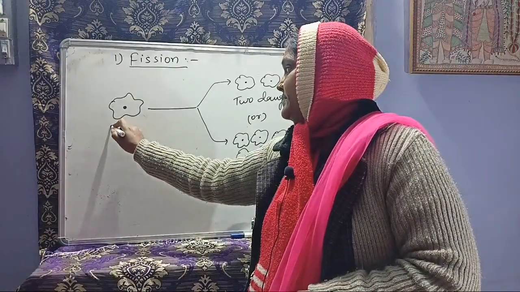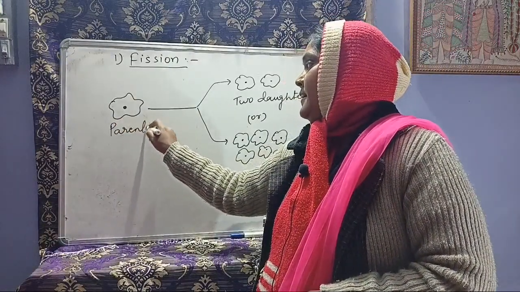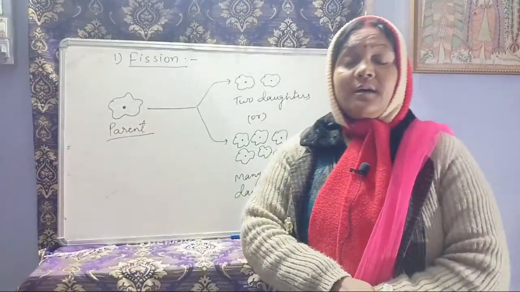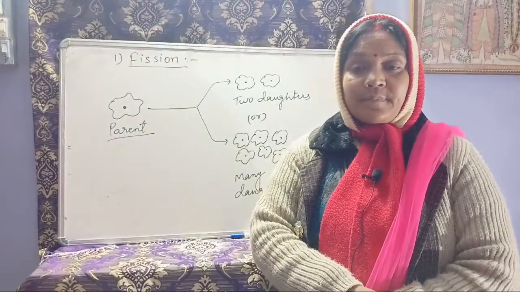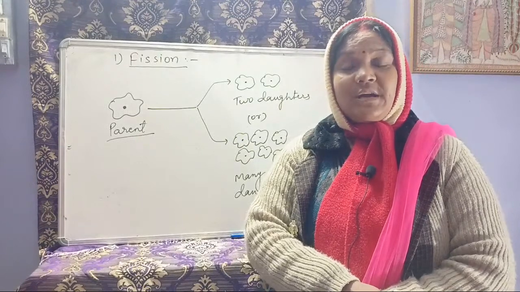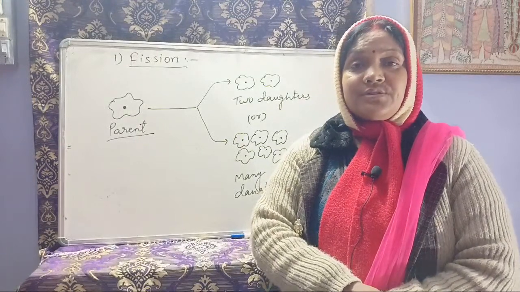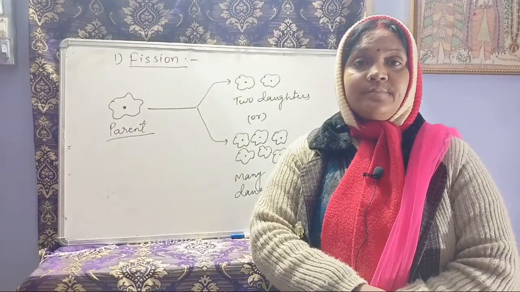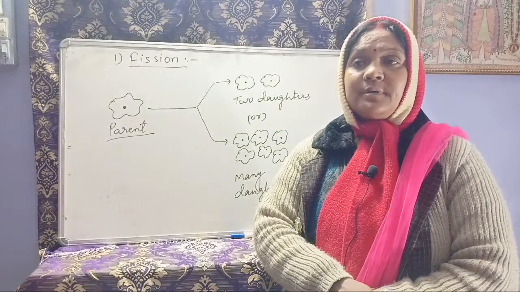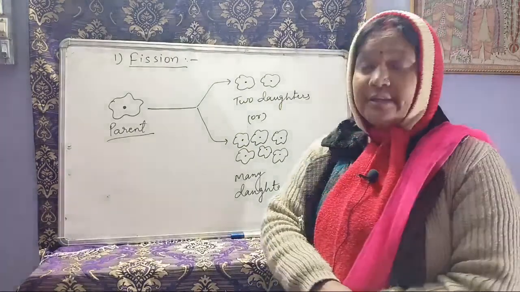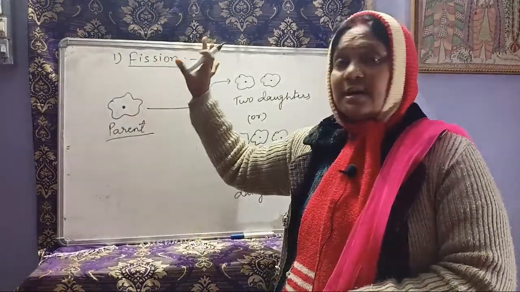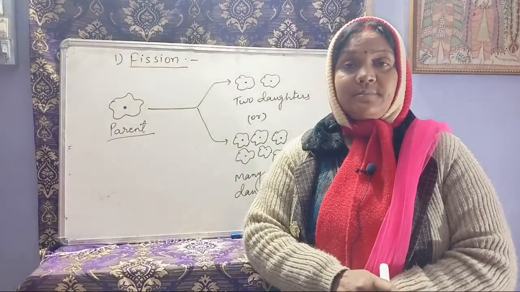Unicellular parent, single-celled parent, like amoeba, leishmania, euglena, paramecium, serratium, plasmodium, bacteria. These are unicellular organisms.